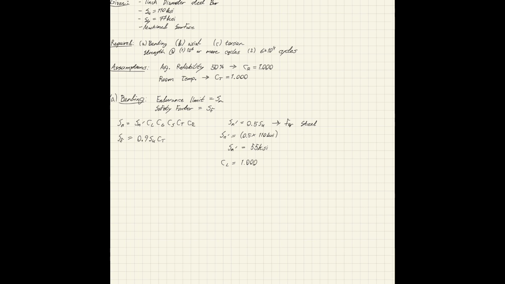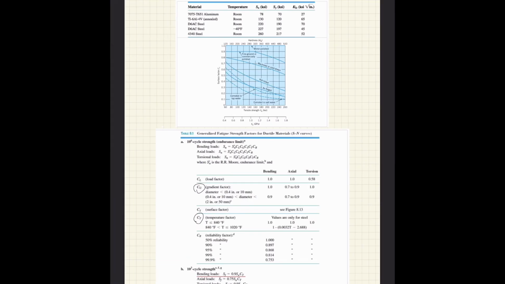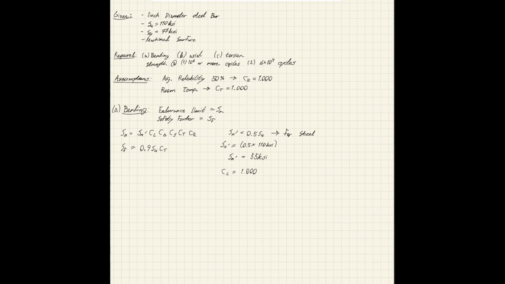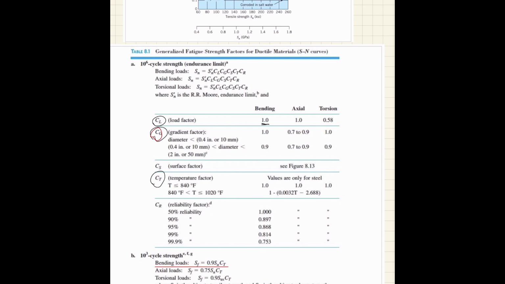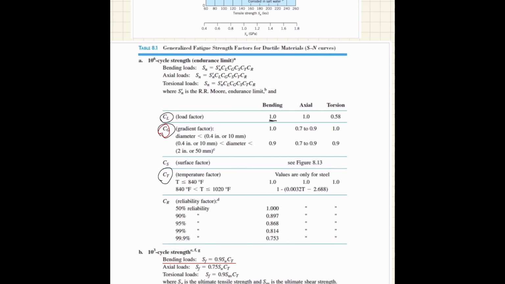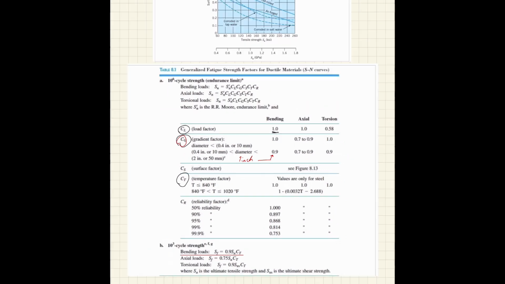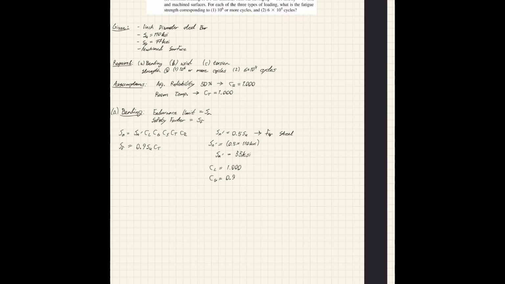CL, we determined, is equal to 1, and you can see here for bending, that is 1. Our CG is equal to 0.9, because we have a 1-inch diameter bar, so less than 2 inches, which gives us a bending CG of 0.9.